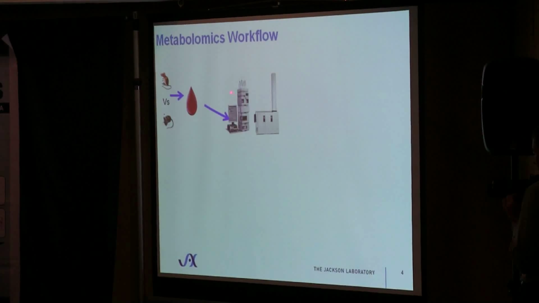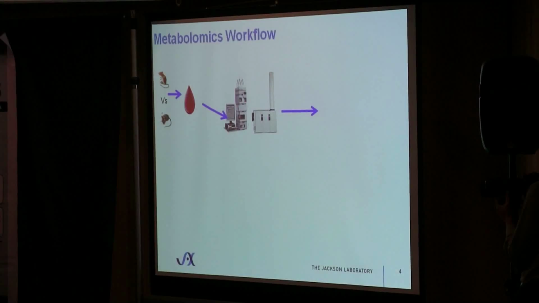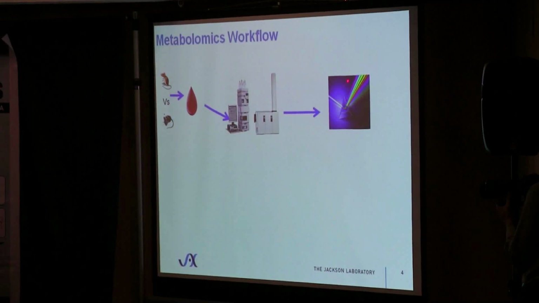And then you pass the sample through an LCMS or GCMS machine. What GCMS or LCMS machines do, they work like a prism where you put the sample in and they tell you the components of that sample. So if you put blood, they will tell you the metabolic components of that sample.